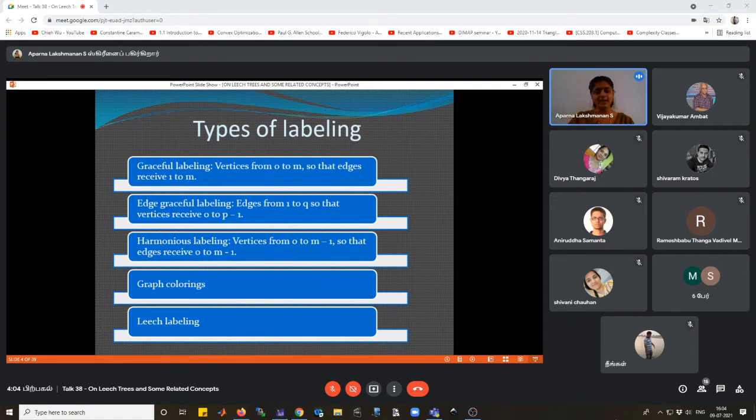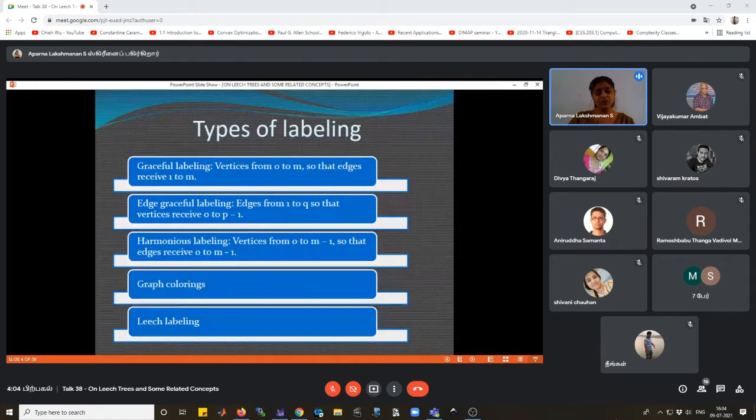The induced label for the edge is the modulus of the difference of the labels of the end vertices, |label of u minus label of v|. If that induced edge labeling gives exactly 1, 2, ..., m, such labelings are called graceful labelings. And this is perhaps the most well studied among all graph labelings.